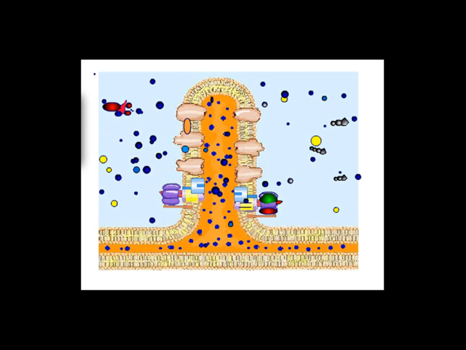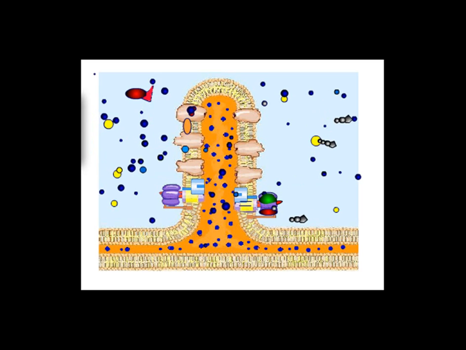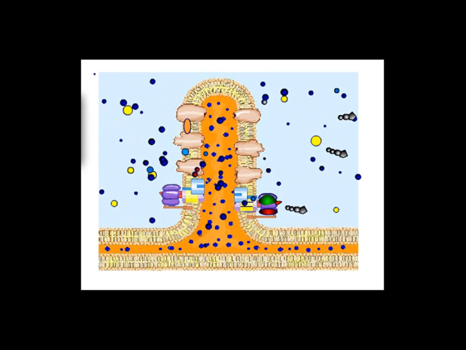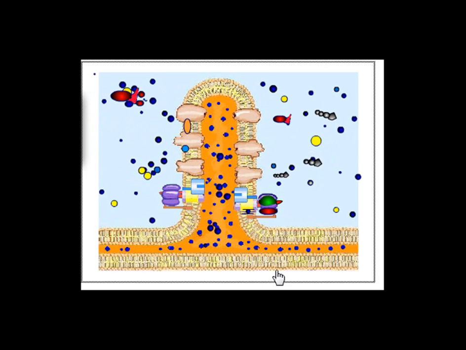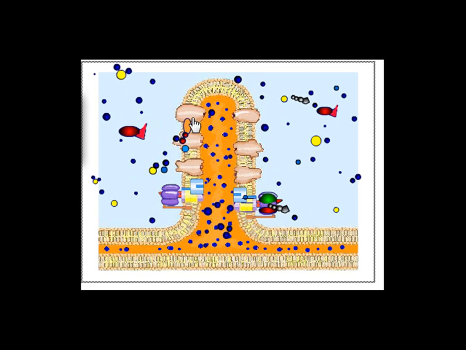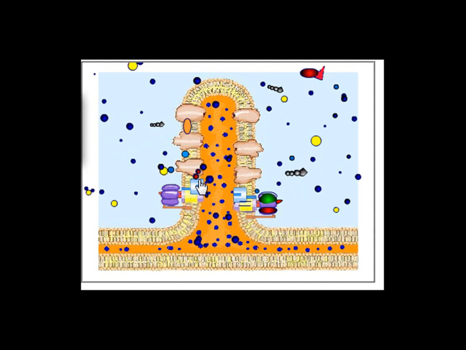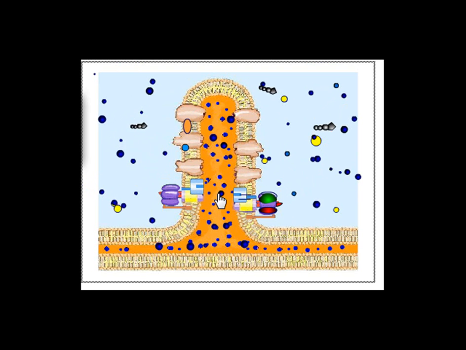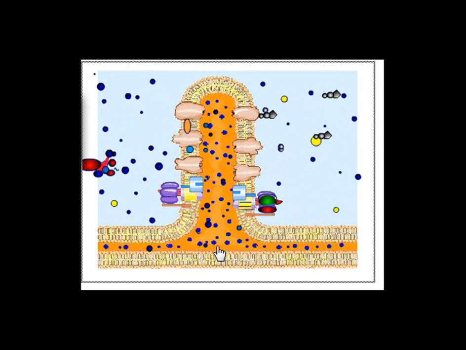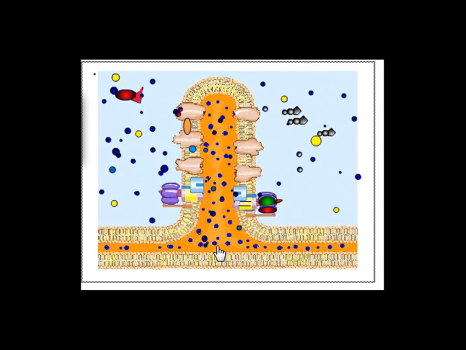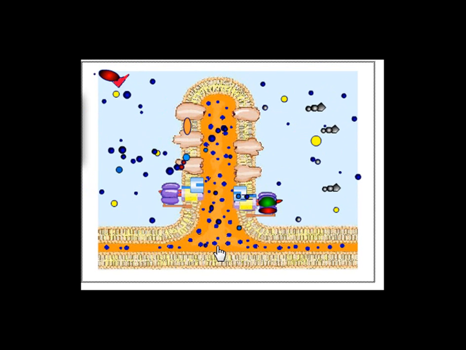Let's look one last time at this flash movie process. Here we can see the whole dynamics happening at one time. The NADH comes in, drops off its electrons. Those electrons pump the hydrogen ions across the membrane, building up the hydrogen ion concentration inside the membrane.